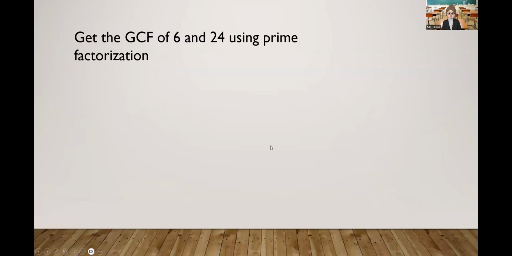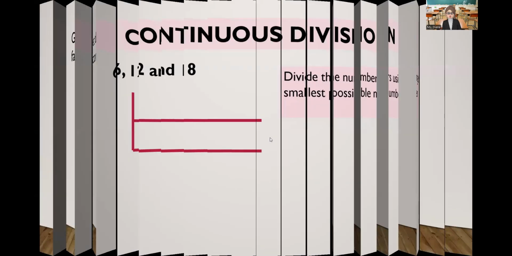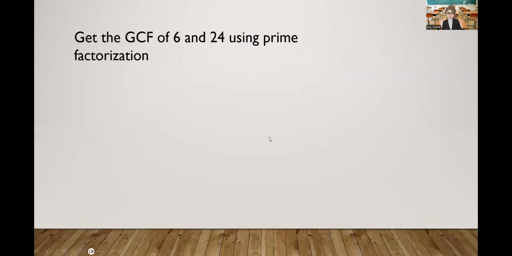Now let's get the GCF of 6 and 24 through prime factorization. Let's factor 6 out. It's 2 times 3. These are already prime numbers. How about 24? The factors of 24 are either 6 times 4 or 12 times 2. Any of those you can use.